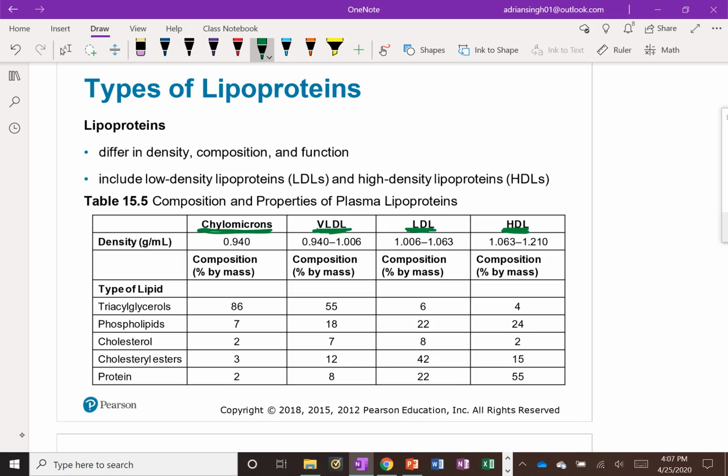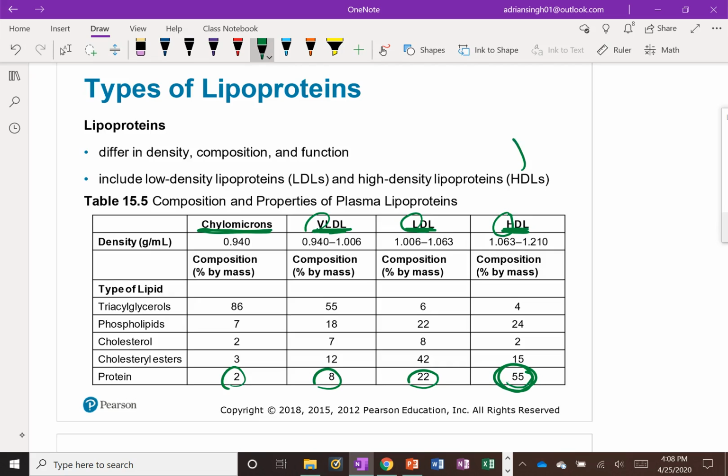And if you look quickly here, you can see that what makes something high density versus low density is the relative amounts of protein that you have. High amounts of protein would make it high density. Low amounts of protein would make it low density or even very low density. That's the general trend or relationship between those.